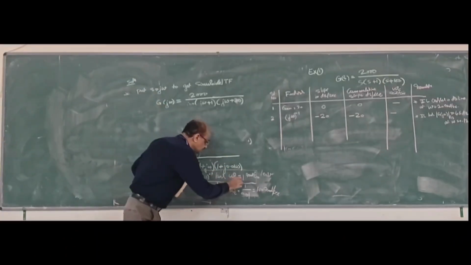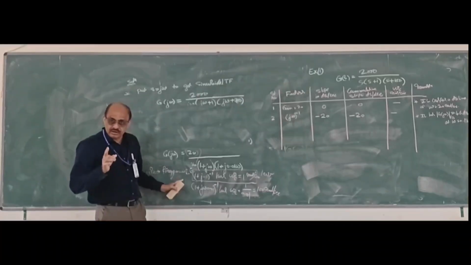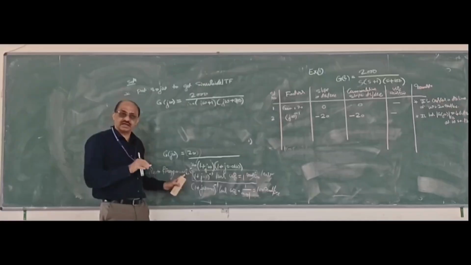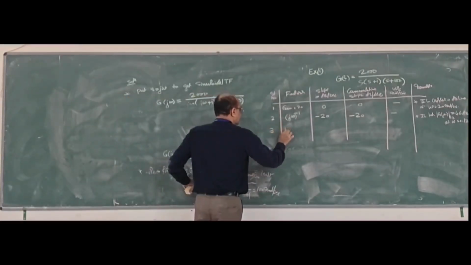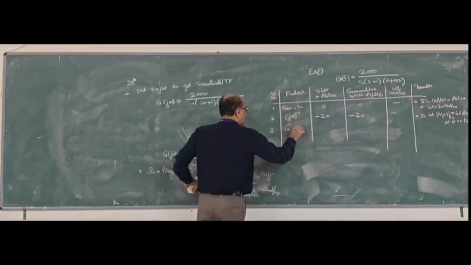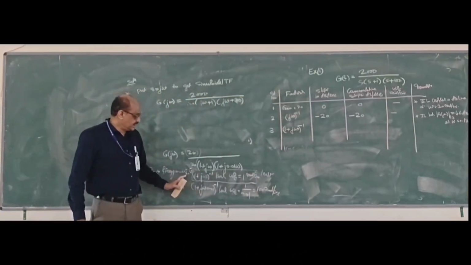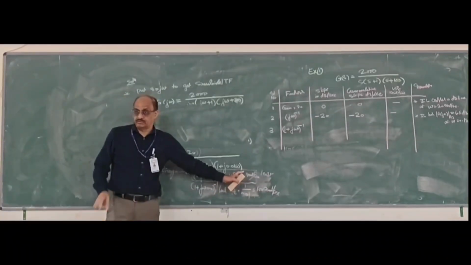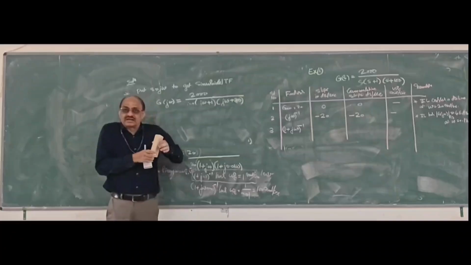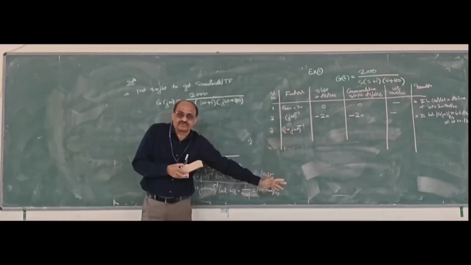Now this has the least corner frequency, so I have to take that first. It may be a pole or zero, whatever it may be. In this case, it is a first order pole. As the third factor, it is 1 plus j omega to the power of minus 1, the next factor which has a corner frequency of 1. Remember, that's very important: take the factors in ascending order of their corner frequencies.